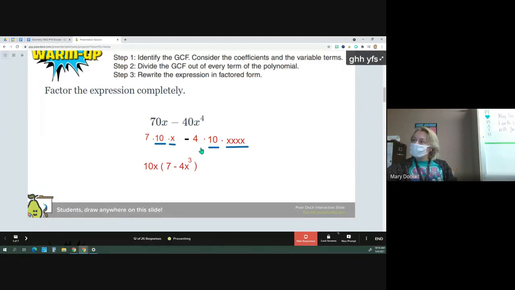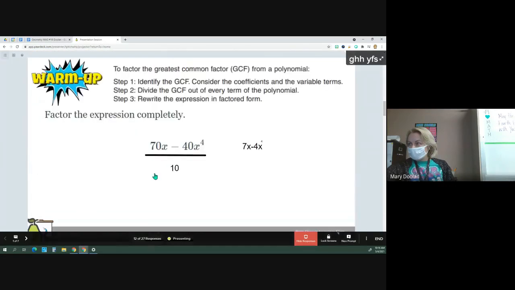And then they underlined where they had commonality, 10 and 10, x, and I think this should be just 1x because they have to have it in common. And then they factored it out to get this. Divide everything by 10. So 7x minus 4x to the fourth power. This is another one where it's not wrong, it's just incomplete.